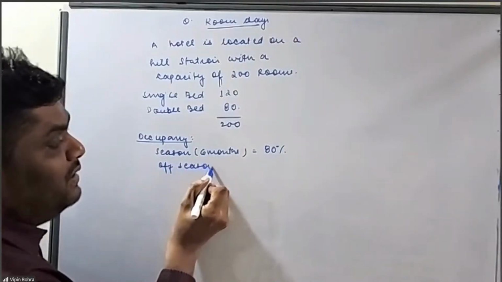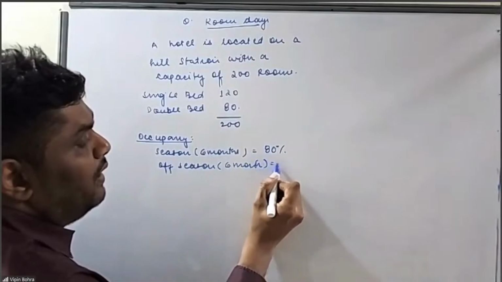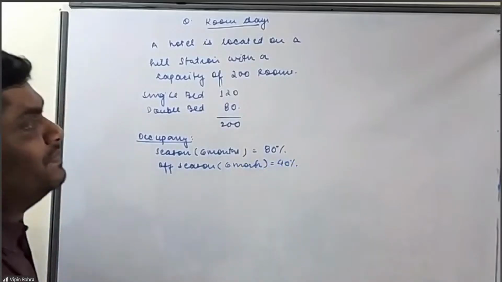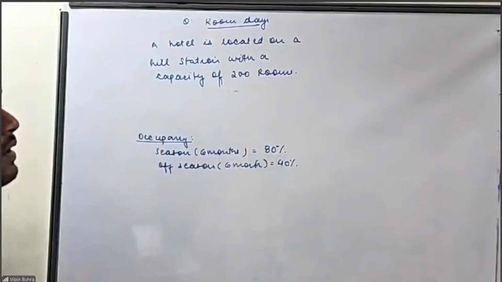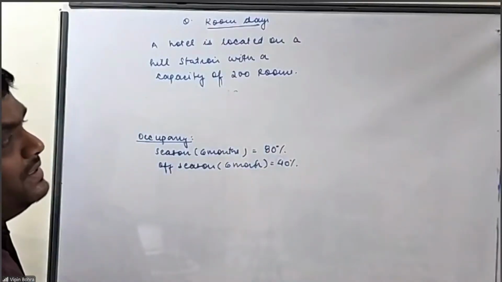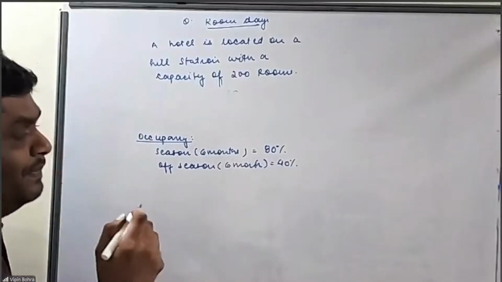And off season, that is the remaining 6 months, it is 40%. Let's keep one category of room only. So the occupancy during the season is 80%, and during the off season, it is 40%.